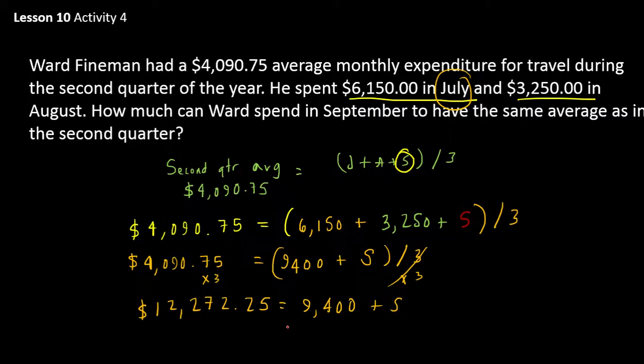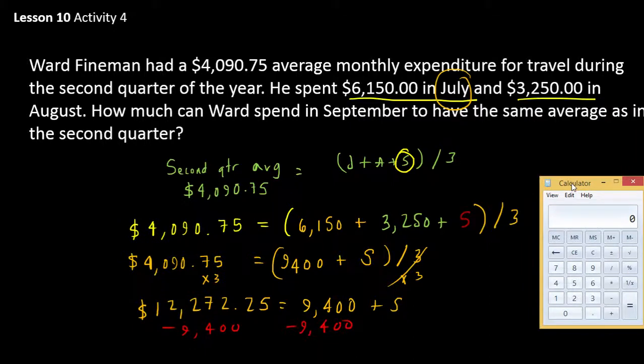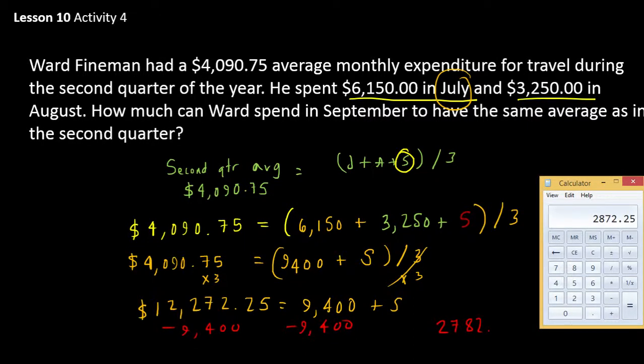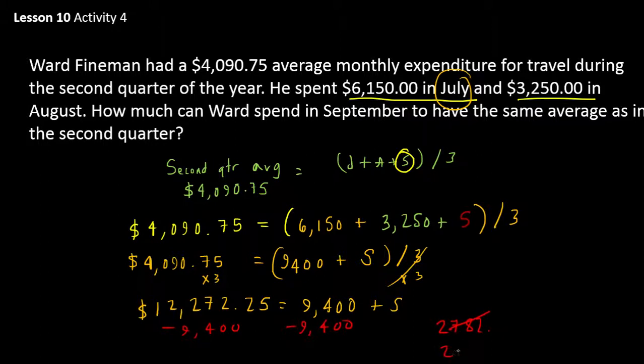So finally, to solve for September, I subtract $9,400 from both sides of my equation. $12,272.25 minus $9,400 is $2,872.25.